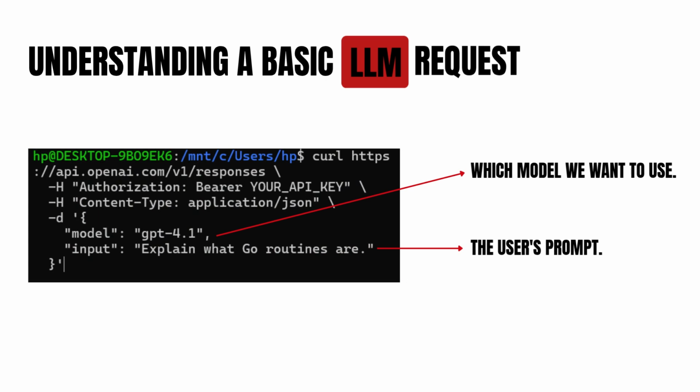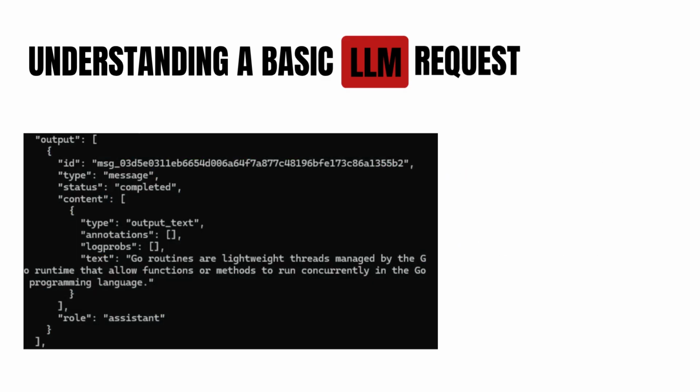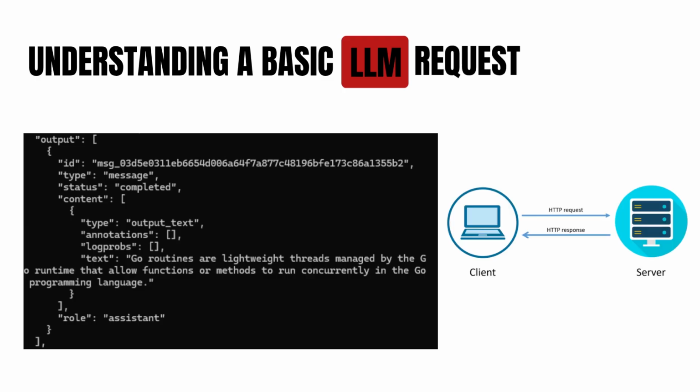That's all. Now, what does OpenAI send back? The response is simple text. Our application extracts the text field and displays it to the user. The entire interaction is just request and response. There is no loop, no tool, no decision making.